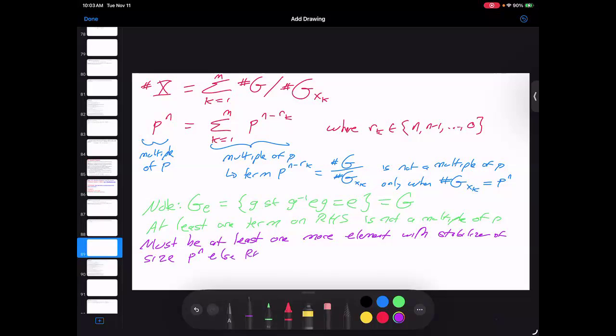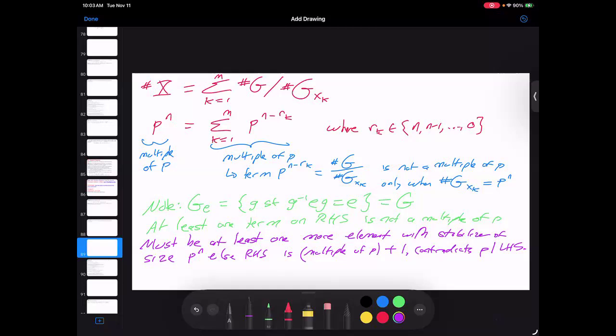Else the right-hand side is a multiple of p plus 1, and that contradicts the left. p divides the left-hand side. So we know there has to be at least one more element whose stabilizer has size p to the n.